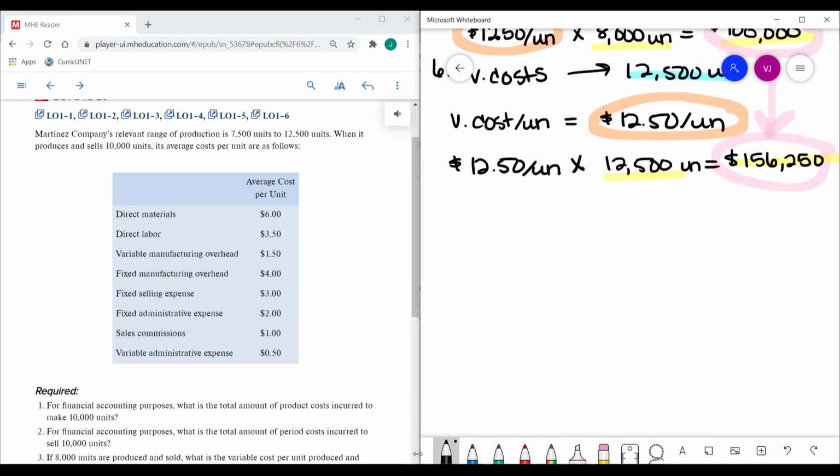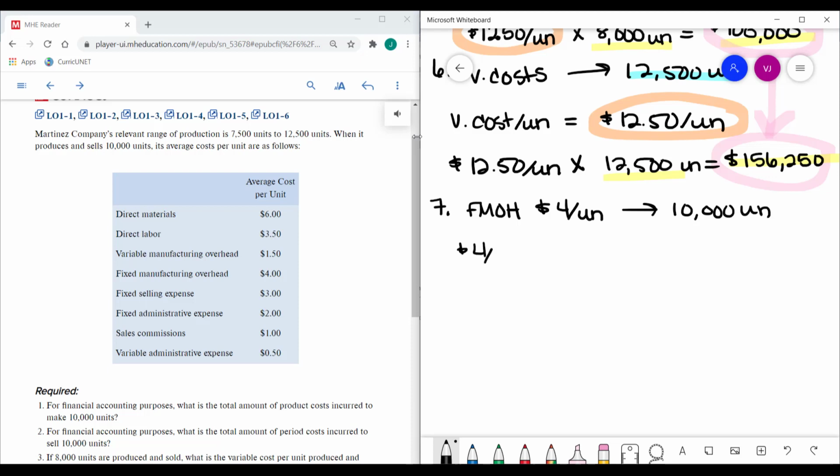So just remember, fixed overhead, you'll only see it on a per unit basis when we're talking about a specific level of activity. It only applies to a specific level of activity. So when you see the fixed manufacturing overhead here of $4 a unit, that's only for a level of activity of 10,000 units.